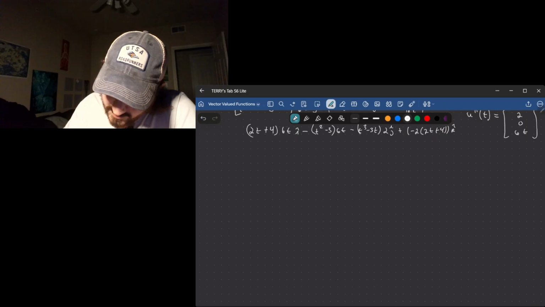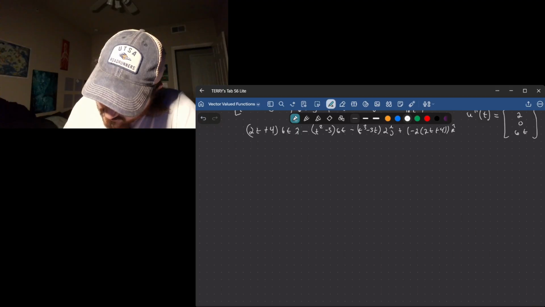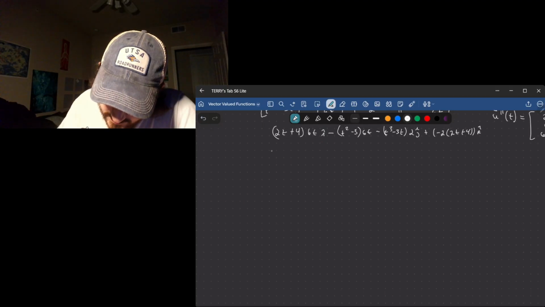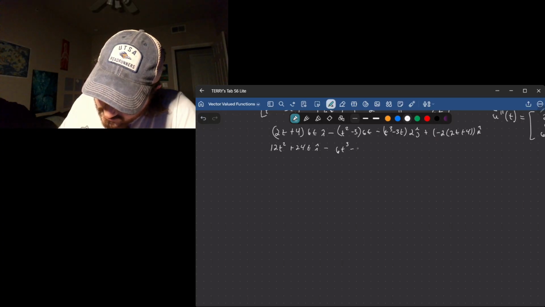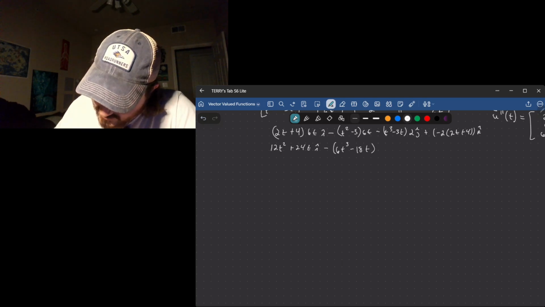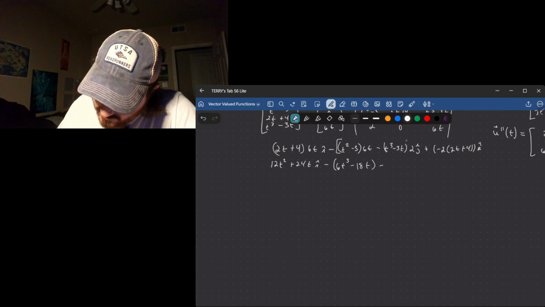Just a little bit of simplification and we'll be there. So we've got 12t squared plus 24t, i hat. Remember these are vectors. Minus, now we've got 6t cubed minus 18t on the inside, and that is also subtracted by, I'm going to add one more set of parentheses just in case anyone gets confused how this part is about to work.